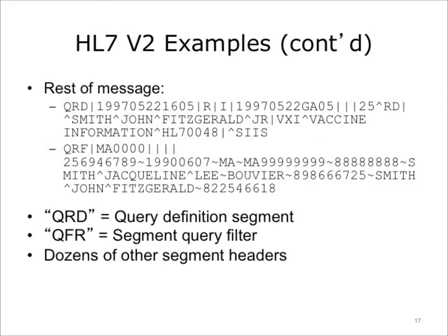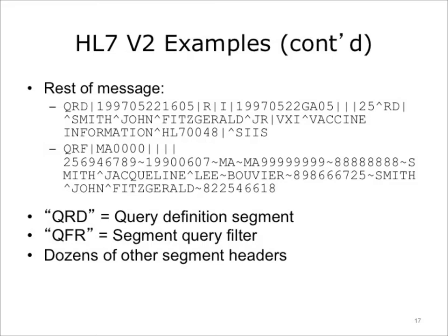In the subsequent lines, we can learn various characteristics of the query. These 2 lines start with the codes QRD and QRF. The code QRD tells us this is a query definition segment. After the first pipe, the second field contains the date and time on which the query was made.